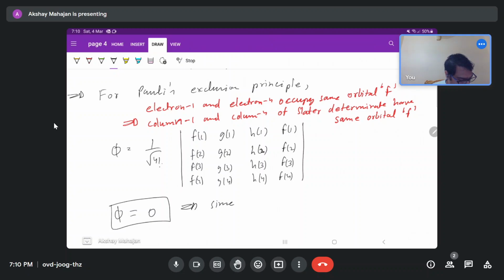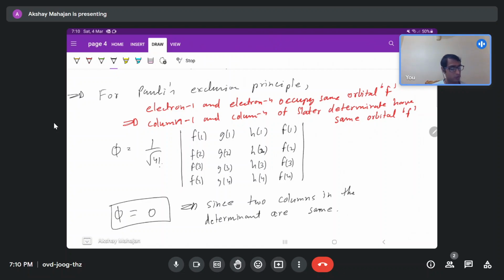since two columns in the determinant are the same.